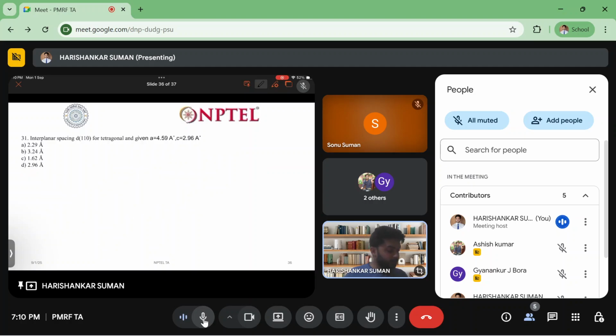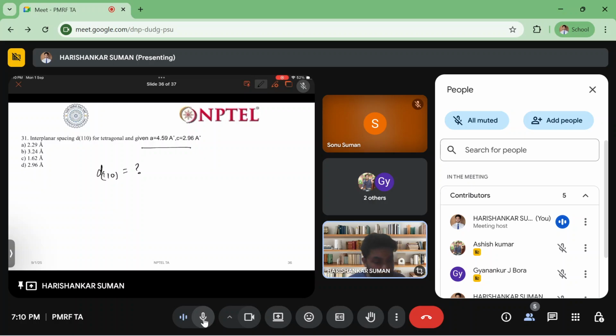So let's see the next question. The interplanar spacing d for the tetragonal system is given, with a and c given. So you have to find the distance of plane 110. Yes, please calculate this question.